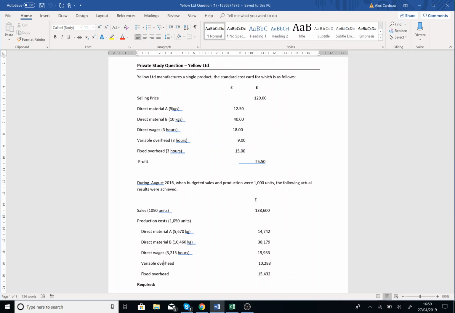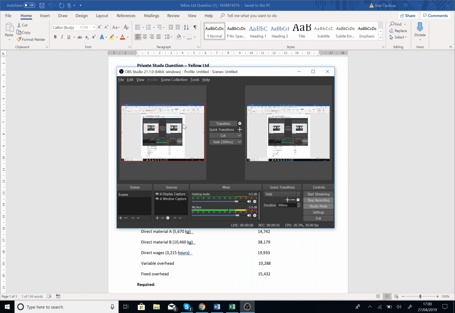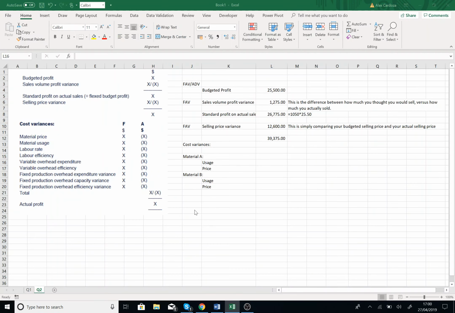Okay, and you've got to be careful here, right? Because when it says direct material A here, it's got 12.5, yeah? But that's 12.5 for 5 kilos. So we need to work out direct material A's price per kilo.